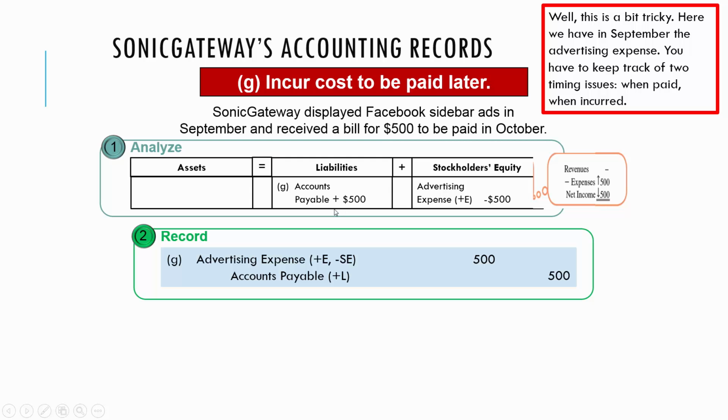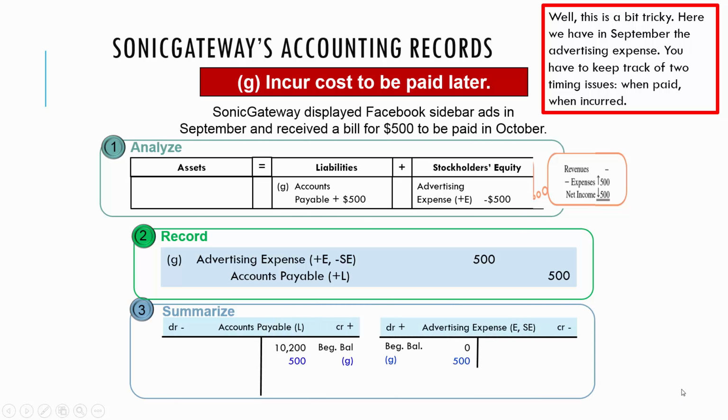I haven't really been talking about being in balance. Perhaps I should, but with this transaction you can see both of these are on the right hand side. When we have an asset swap, one goes up and one goes down. Here we have two transactions that are hitting the right hand side of the accounting equation, one going up, one going down, and the net effect is 0 on the right.